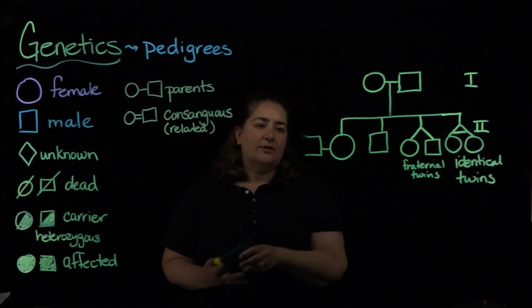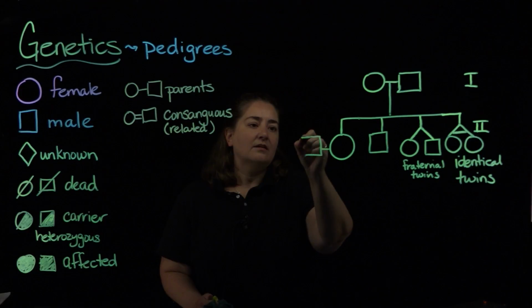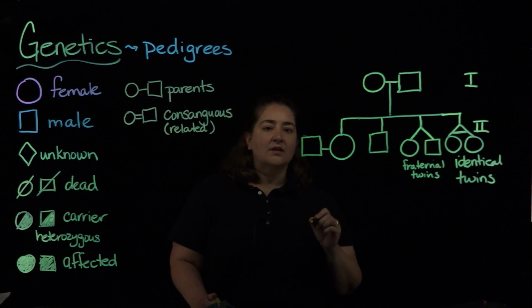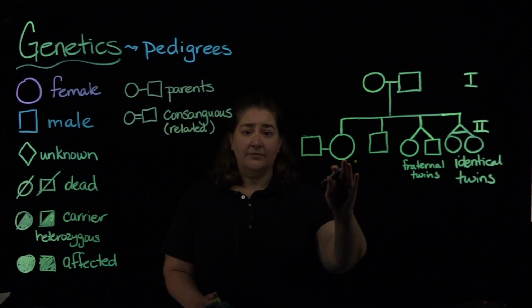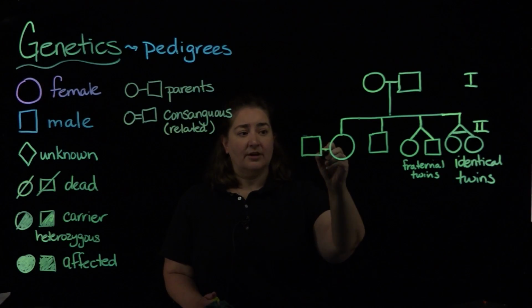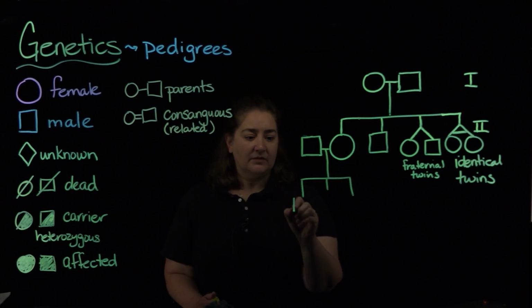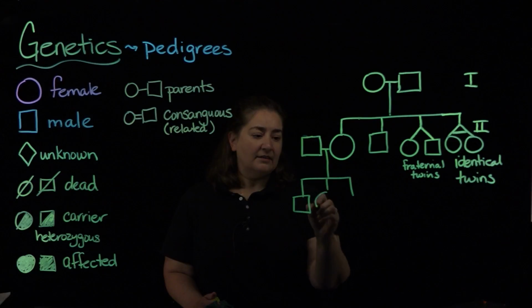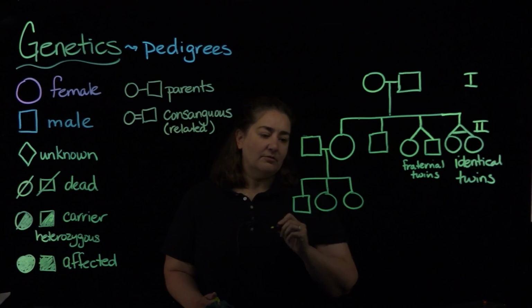But let's make him square, because boys are square. This would represent the husband of the first daughter here. And then their children would come off in a branch this way. Hypothetically, we have a boy, a girl, and another girl.